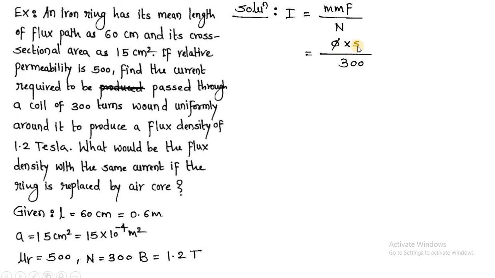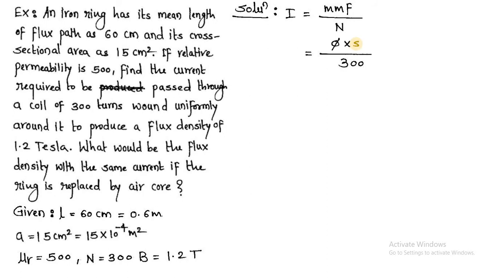MMF is flux into reluctance. Because we have seen yesterday, in the relationship between the electrical circuit and magnetic circuit, we compared them.